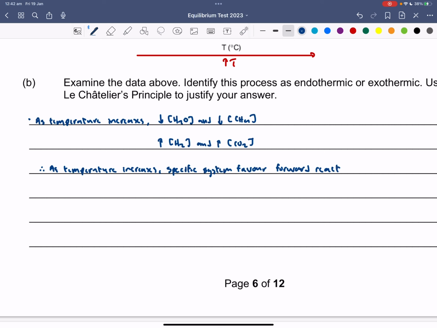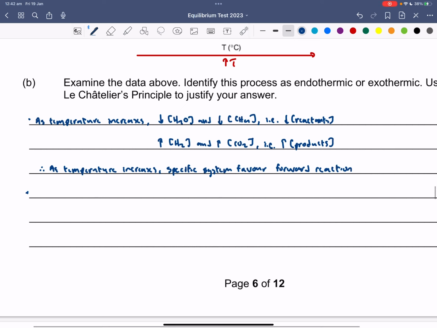If you wanted to be even more specific, you can say that there is specifically a decrease in the concentration of reactants and an increase in the concentration of products. All right, so that's specifically what's happening in this case.